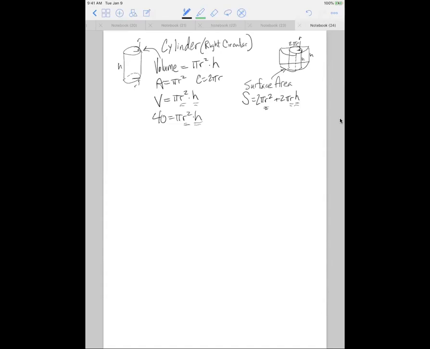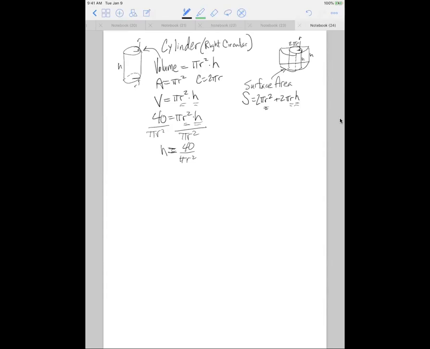And I think that's kind of obvious. So we're going to come back over here to the volume equation and solve for h. What do I need to do to get h by itself? I divide by pi r squared. All right, therefore h equals 40 over pi r squared.